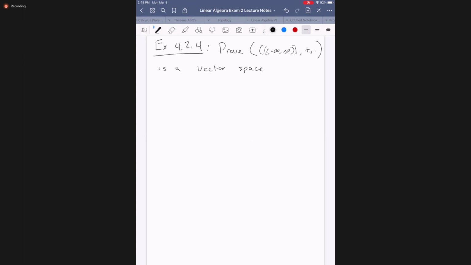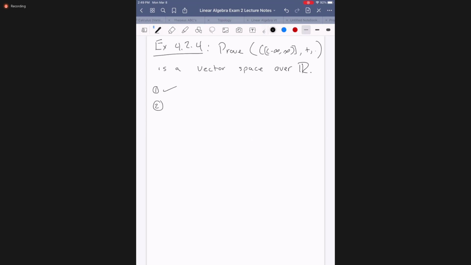If I add two continuous functions, is that result a continuous function? I think you might have mentioned it in calculus. If you add two continuous functions, the result is a continuous function. So just assume we know this. So the first one is satisfied. If I have a continuous function and I multiply a real number on it, does it remain continuous? Yeah. So that one's also satisfied.